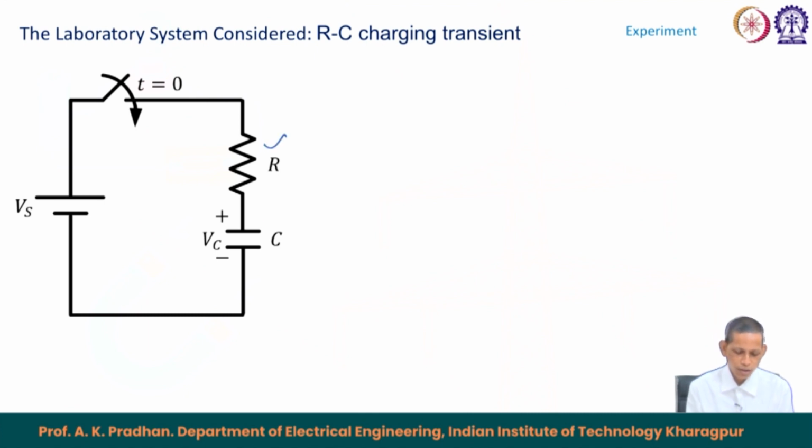We have R and C in series, and this is being switched on to a DC voltage source Vs. As we have already studied in theory, whenever you switch this on, the current flows and charges the capacitor, the capacitor voltage Vc goes on increasing, and in steady state it will reach the Vs voltage. This increment in Vc goes on exponentially, and that we would like to observe through this experiment.